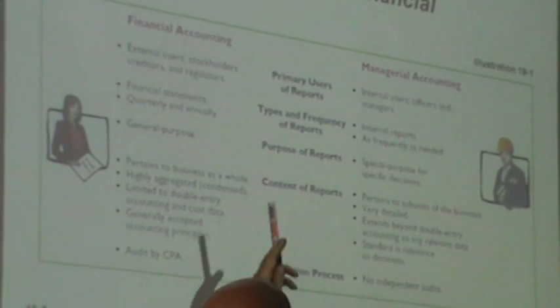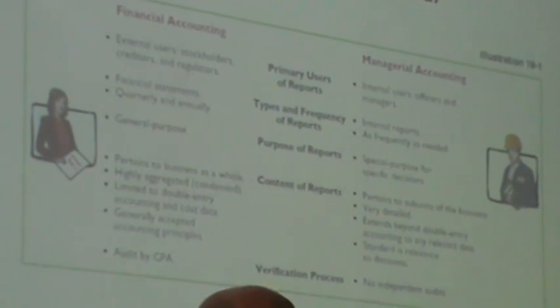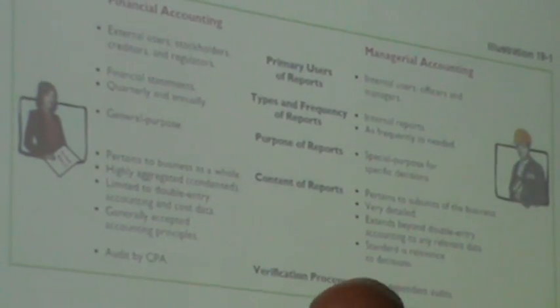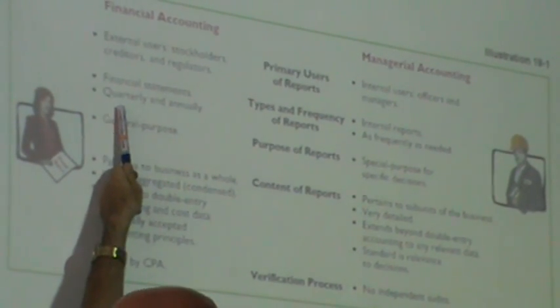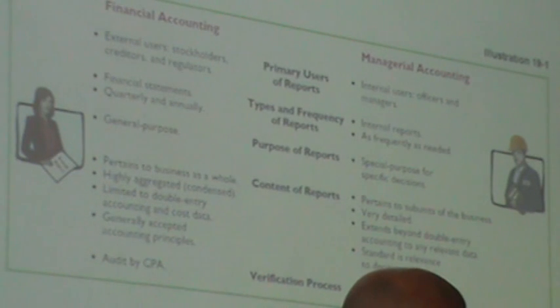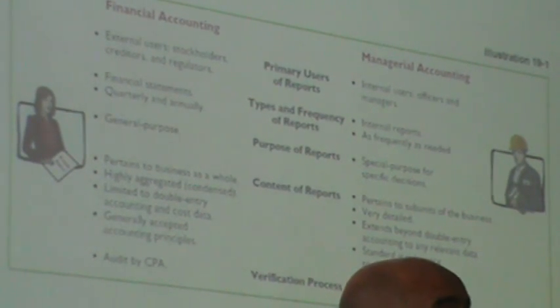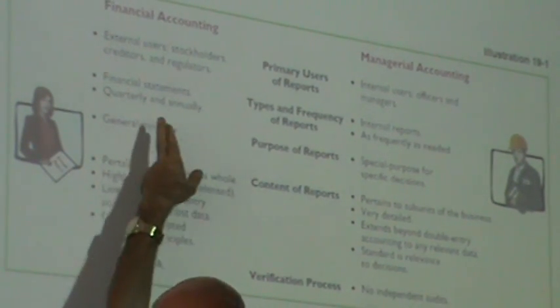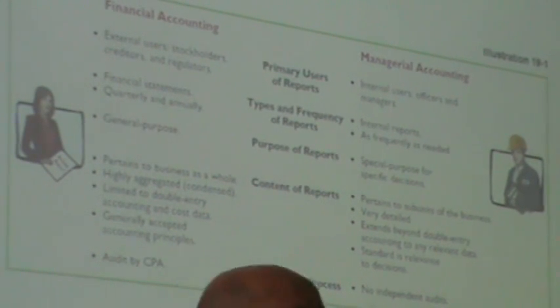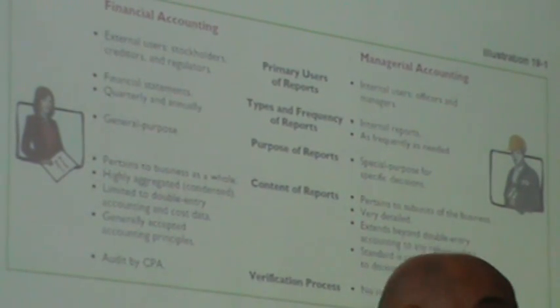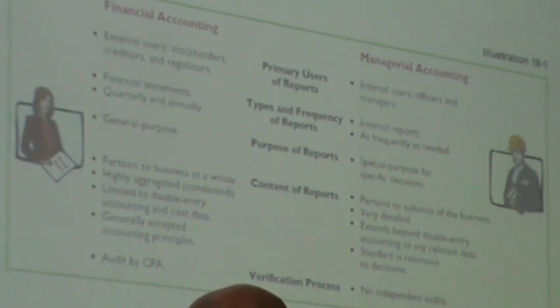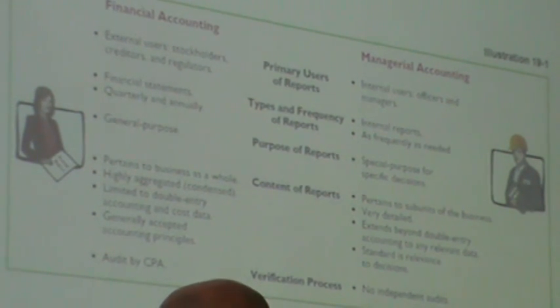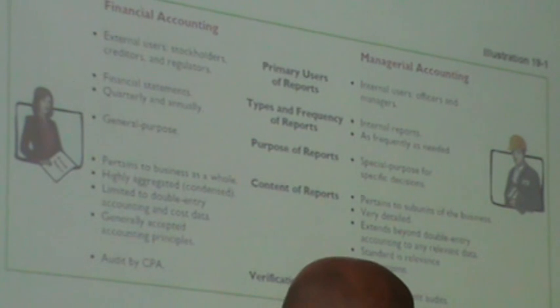Next one will be times and frequency of reports. For financial accounting, reports are usually quarterly. Quarterly means every 3 months. And annually, meaning once a year. So I got small reports every 3 months, and I got a big, complete, comprehensive annual report once a year.